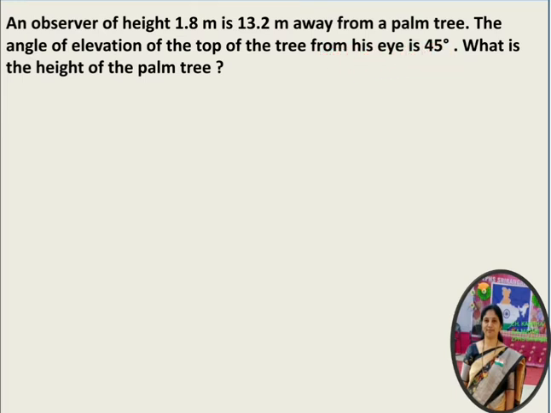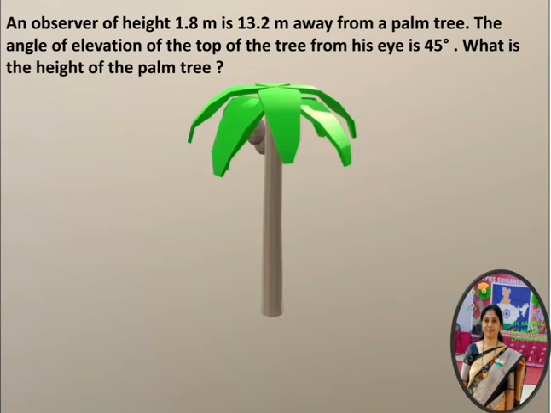So just assume the problem like this. Consider this is the palm tree and this is the person, observer. And given that height of the observer is 1.8 meters. So here the height of the person or observer is 1.8 meters. And this particular person is 13.2 meters away from the palm tree. So the distance from the observer to the palm tree is 13.2 meters. And the angle of elevation of the top of the tree from his eye is 45 degrees.